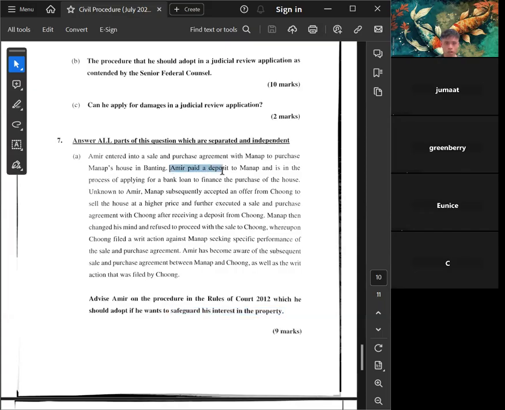Amil has paid a deposit. The moment you pay a deposit, you are technically an owner already, but subsequently someone wants to sell the house, and now other fellows are suing each other in the court. I want to safeguard my interest. This is how the intervener proceeding works. Is that okay?